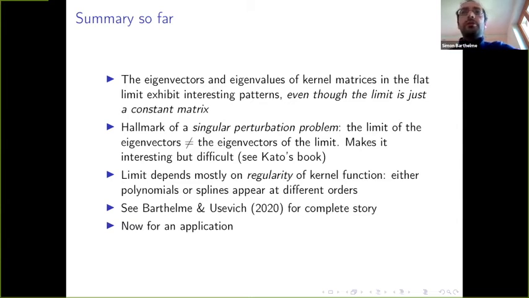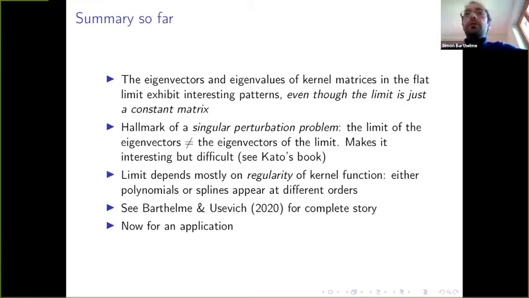Are there questions so far? Just to be sure, Simon, I understand. Since you say that it's the limit of eigenvectors, not the eigenvectors of the limit, that means in practice, if I take epsilon very small, I get a completely different result than if I take epsilon equals 0. Yes. And epsilon equals 0 will give you the constant matrix.